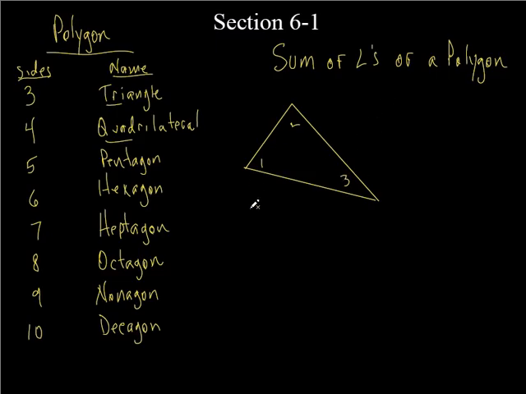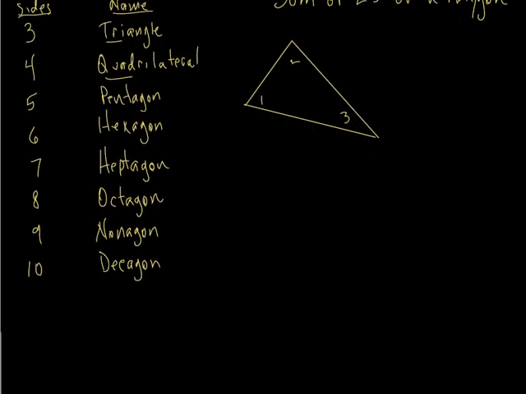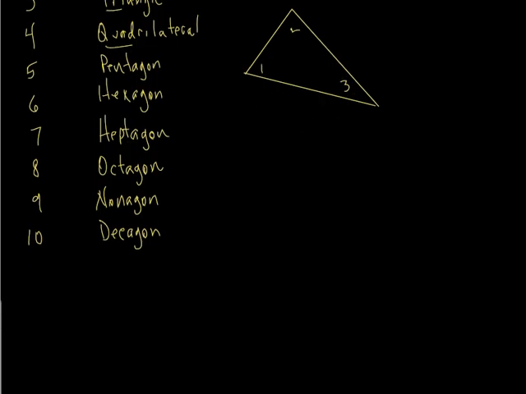Okay, so if we had a triangle, this is where I'm going to make another list. Scooch it down. Isn't that cool? Let's make another list, and we'll say, here's the name of the polygon. How many sides does a triangle have? 3.